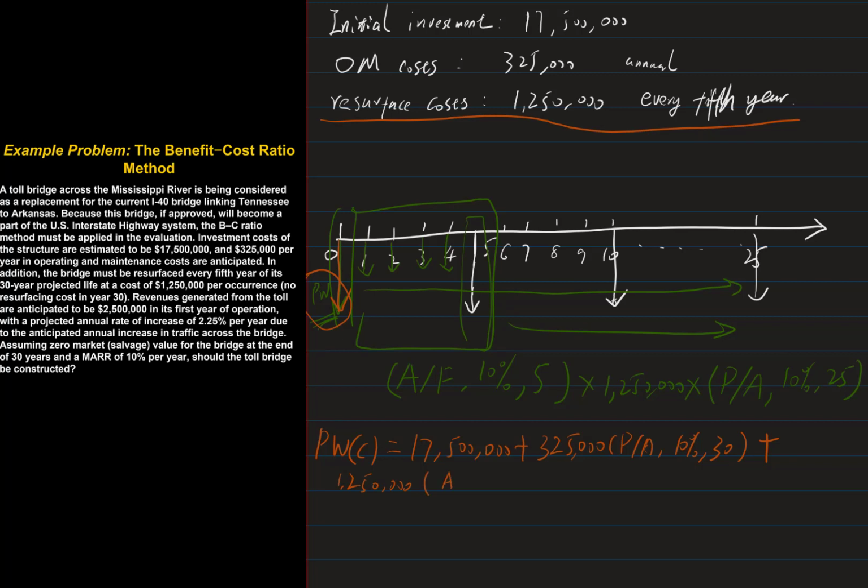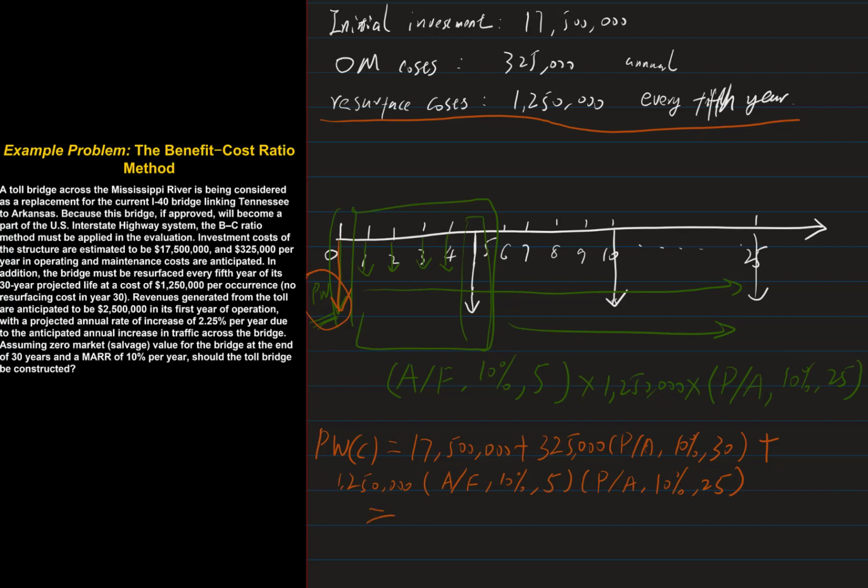So annuity, I'm gonna get annuity given the future value, and 10% discount rate, and for 5-year period, and that will be the annuity for all the 25 years. So we want to get the present worth, so we times present worth. We want to calculate present worth given the annuity, and we have discount rate 10%, and for 25 years.